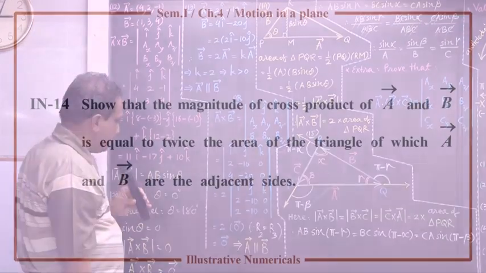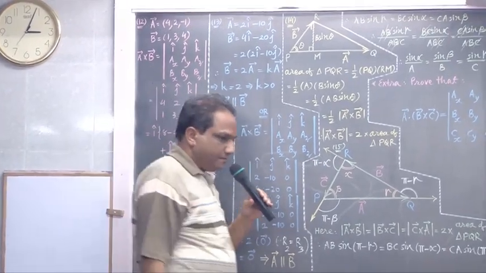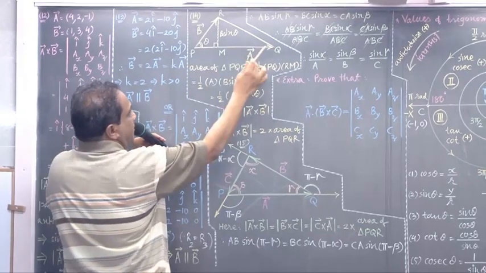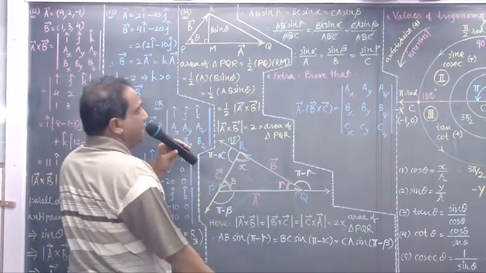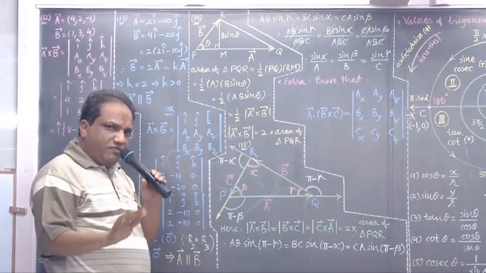Say number 14. Look, consider a triangle PQR. Any two sides you can take as two given vectors.